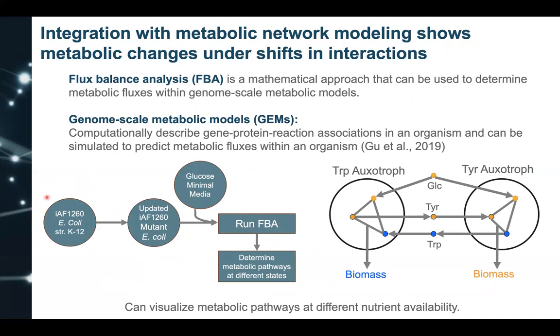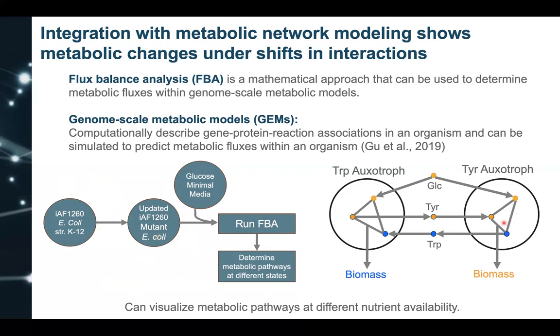So we have genome metabolic models such as iEC1260 E. coli, which is an E. coli model built over a number of years by very well-established scientists, and we can update it to a mutant E. coli by simply removing reactions that will help produce tyrosine or tryptophan, thus making it impossible to grow without the available amino acid.